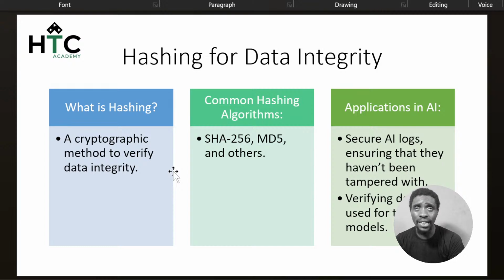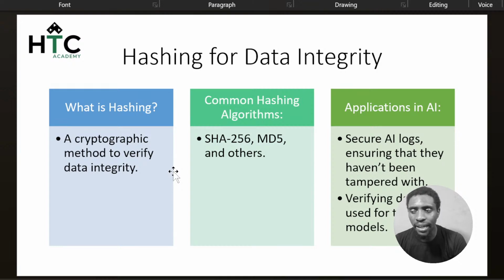Hashing generates a fixed strange value, and as long as the content of the data is the same and nothing has been added or removed, that fixed value would be the same anywhere in the world. But if something has been changed in that data, even something as small as a full stop or comma, that fixed value is going to change.